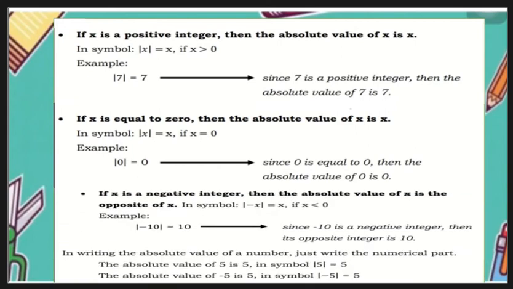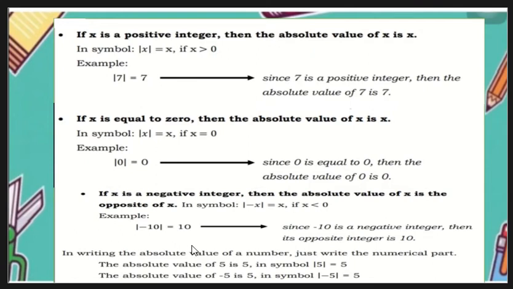The third one, if x is a negative integer, then the absolute value of x is the opposite of x. In symbol, we have this: the absolute value of x is equal to negative x if x is less than 0.